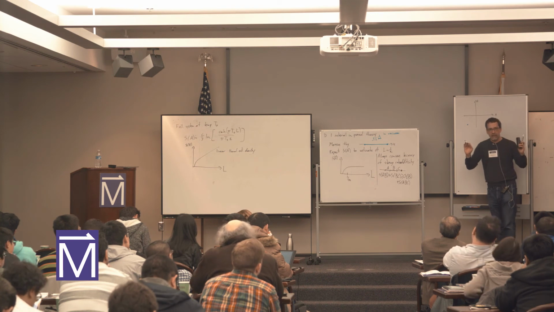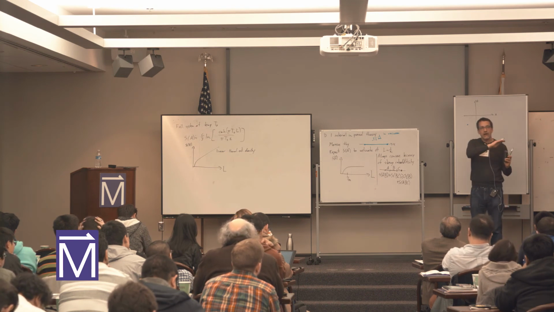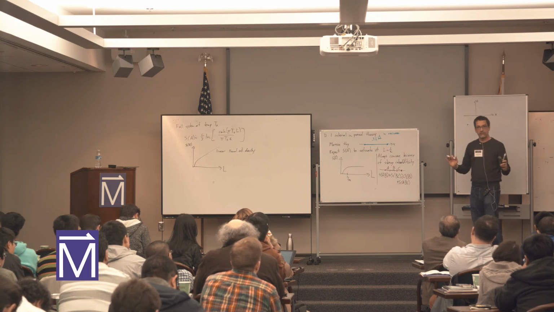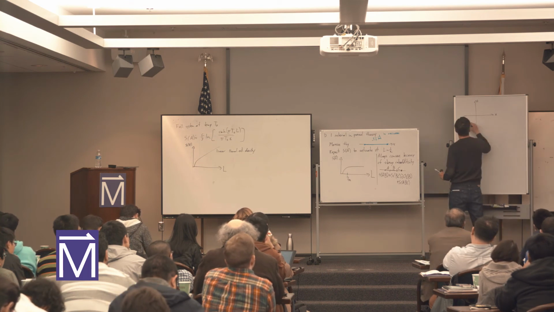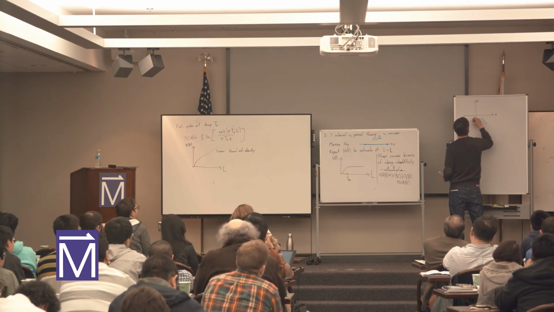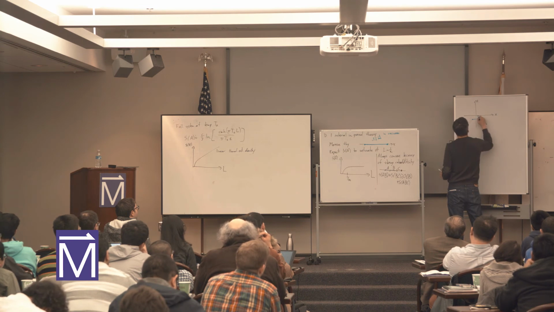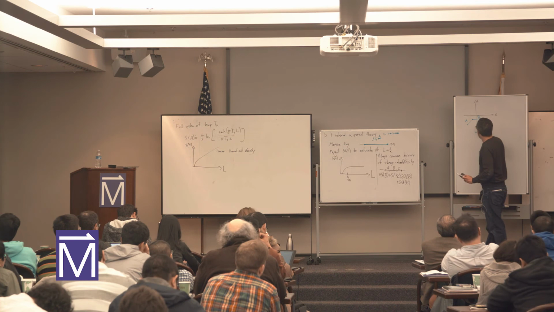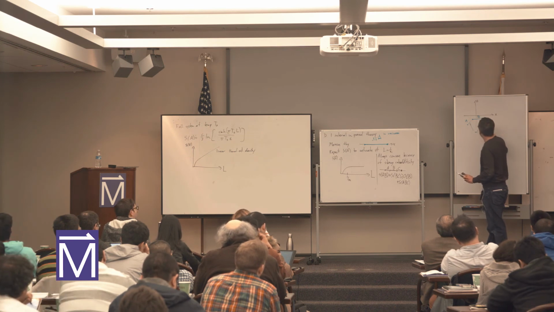However, that common time slice does not have to be constant time. It can be curved as long as it's an honest time slice. So I'm going to choose it to look like this. So here's A, B, and C, where A and C are null segments.